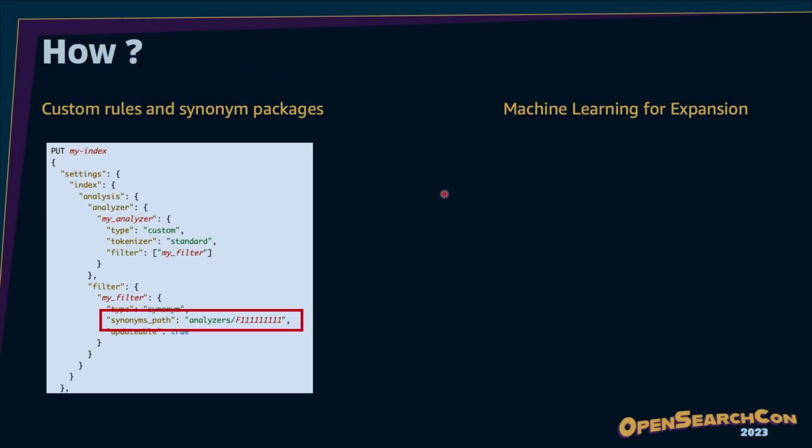Okay, so how do we do this? First thing, the simple and straightforward way in OpenSearch is you do your custom rules. You understand your data, you know your rules, which are going to be similar, and then you start writing them. You just start writing them in a file, something like, okay, A is equal to B, and this is the expansion of this particular abbreviation, and you just write this in a file.